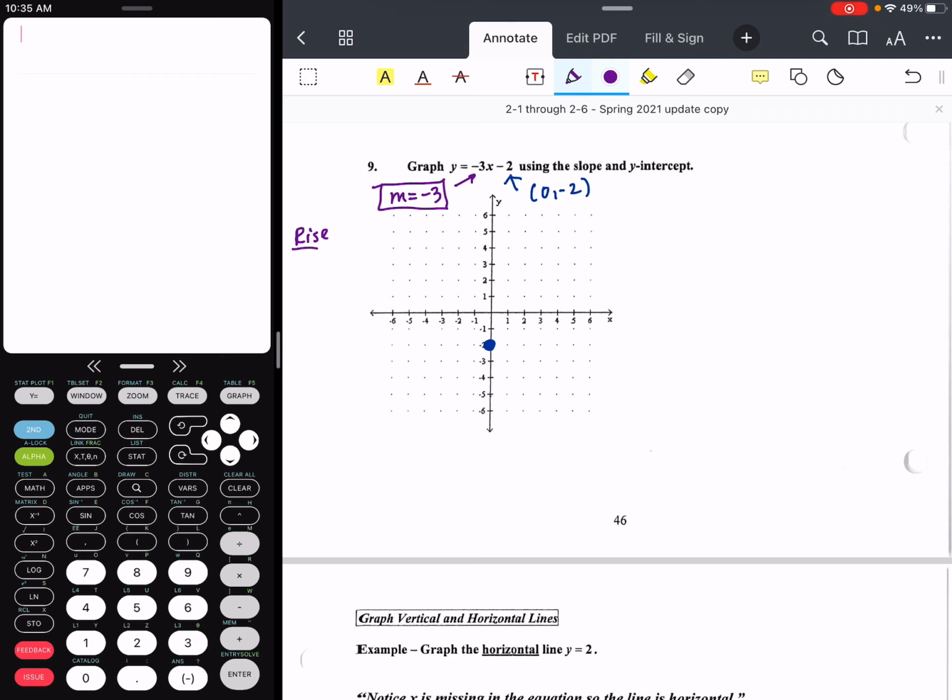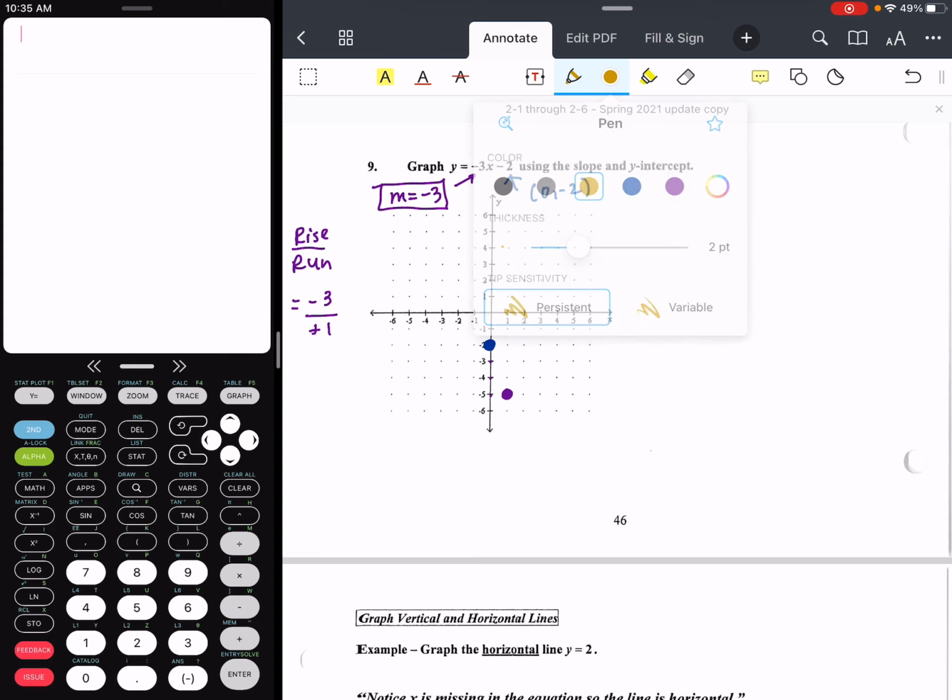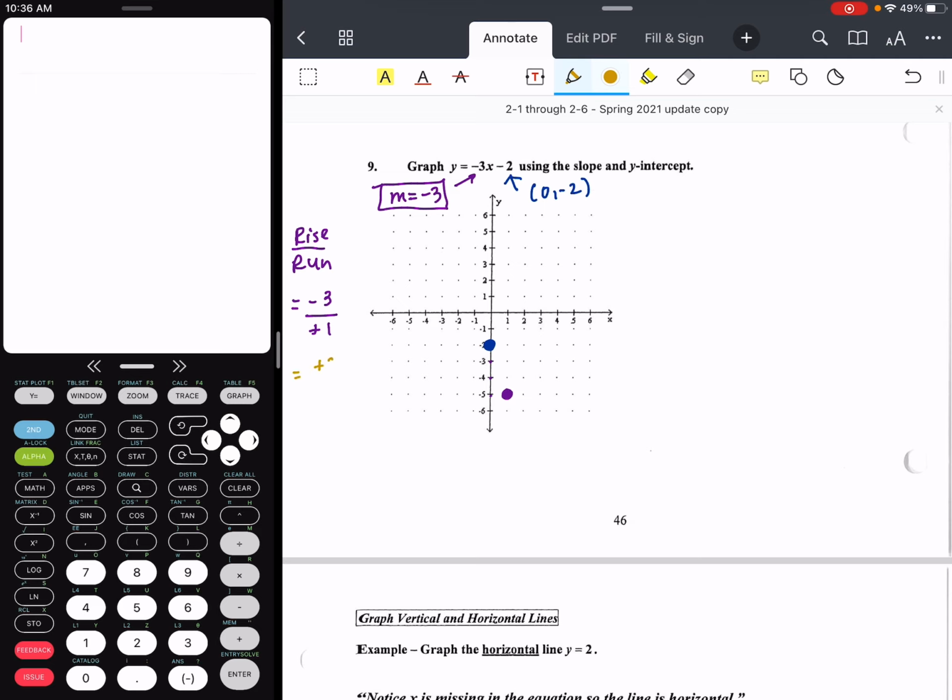If I want to think of this in terms of rise over run for graphing, this is equal to negative 3 over positive 1. So I can go down 1, 2, 3, and to the right 1. Or I could also think of this as positive 3 over negative 1. So from my y-intercept, I could go up 1, 2, 3, and then to the left 1.